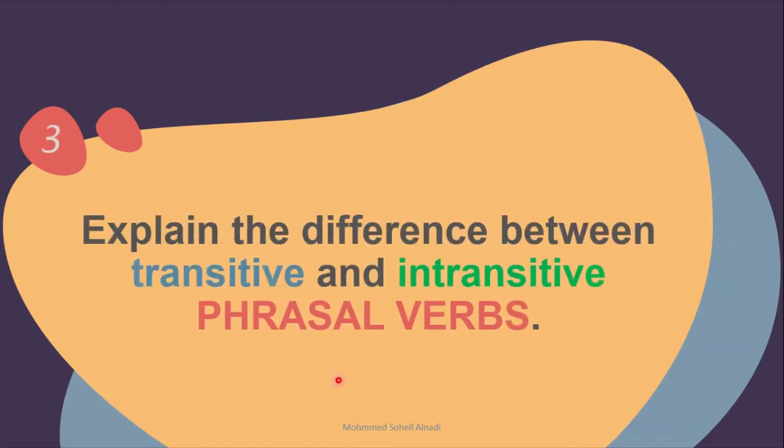Third, some phrasal verbs can have a direct object, called transitive, as we said earlier in the grammar classification. Others do not need a direct object, we call them intransitive.